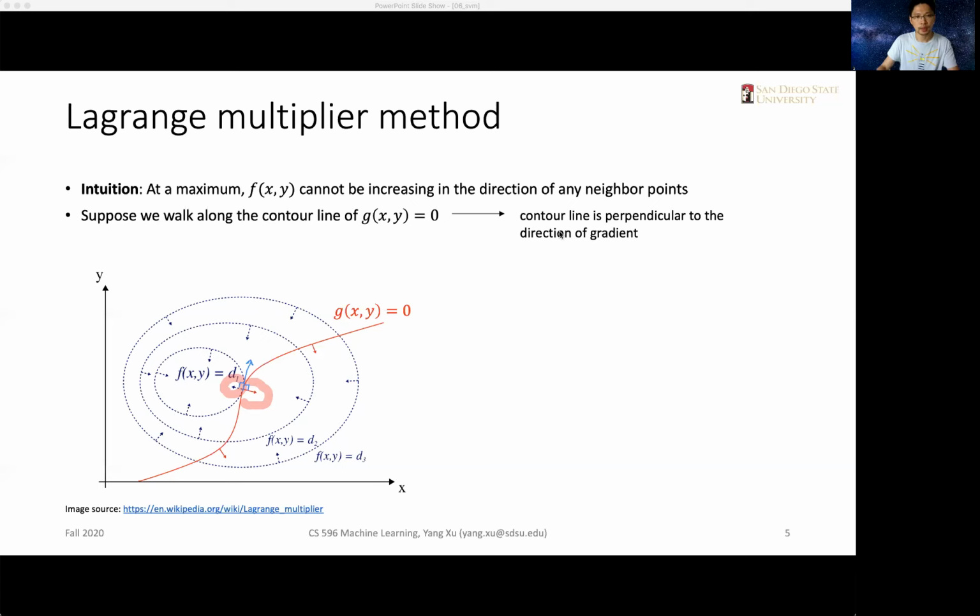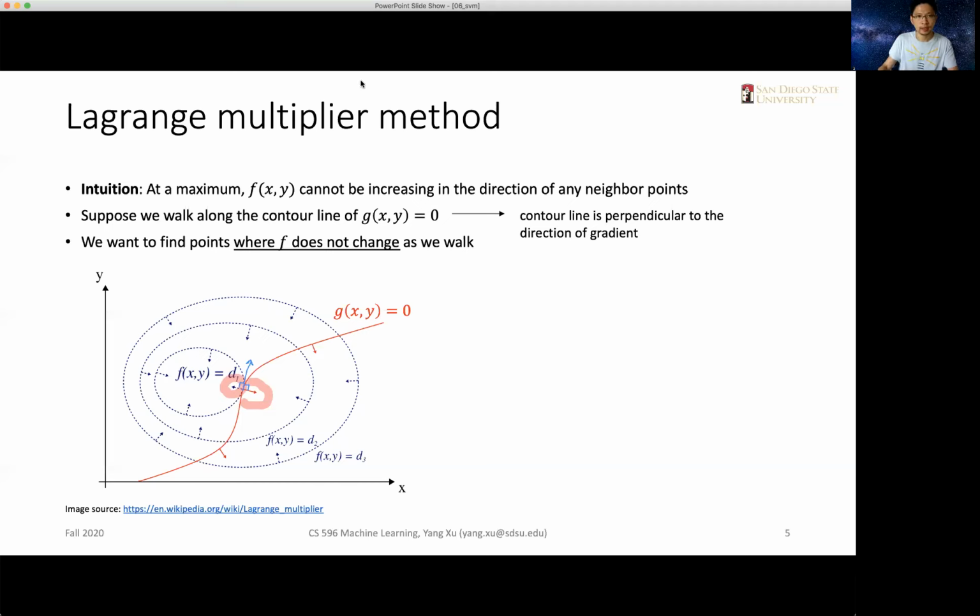We want to find the points where f does not change as we walk, because if it still increases or decreases, then that is not the maxima point we want to reach.